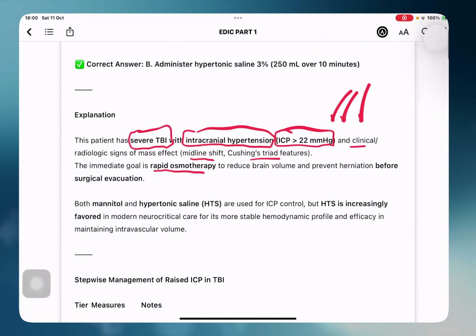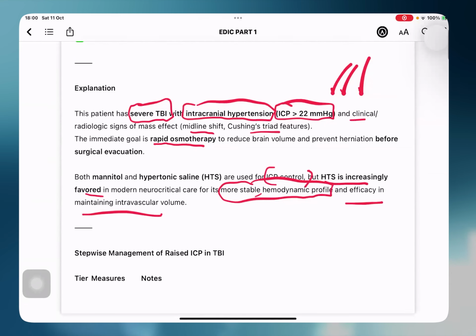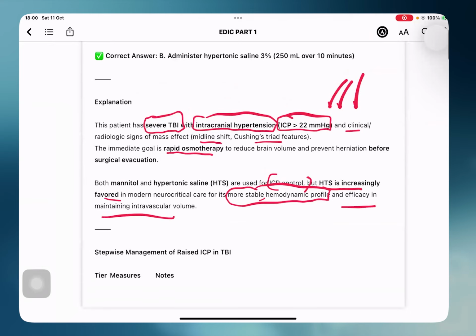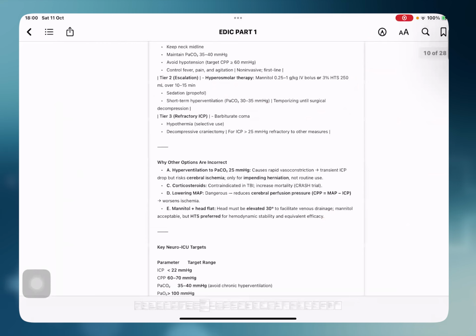Mannitol and hypertonic saline are both used for ICP control, but hypertonic saline therapy is increasingly favored in modern neurocritical care for its more stable hemodynamic profile and efficacy in maintaining intravascular volume.